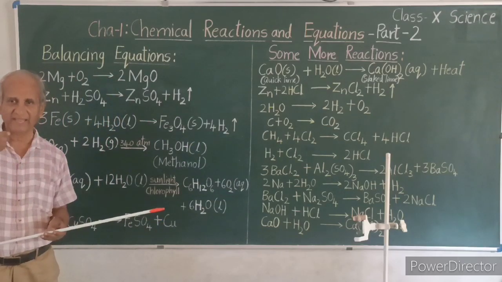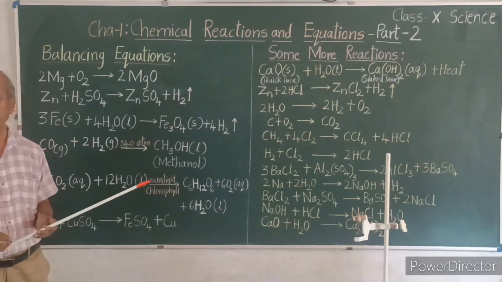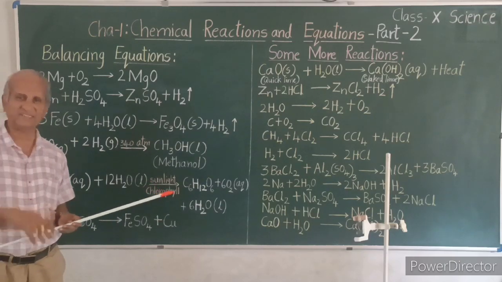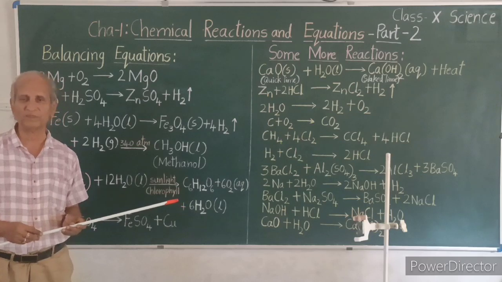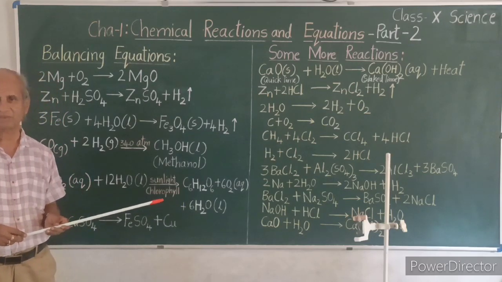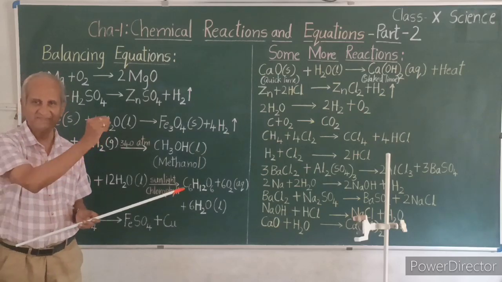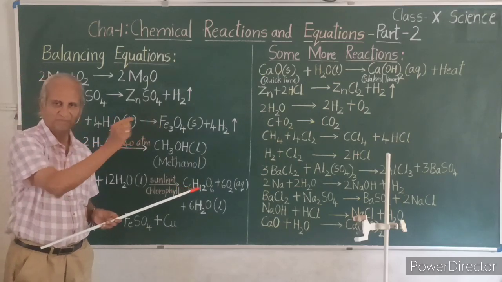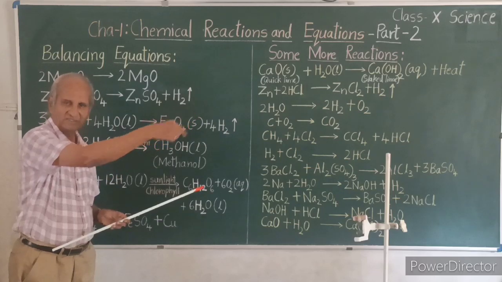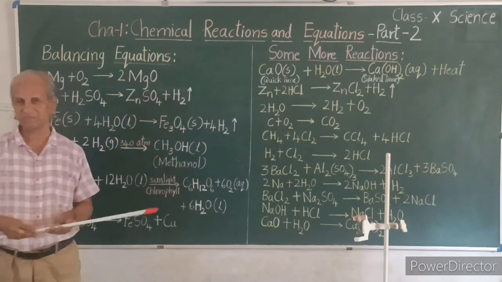Writing a chemical reaction in the form of words is an easy thing. There is no difficulty involved. Say we write magnesium plus oxygen, an arrow mark, gives magnesium oxide.